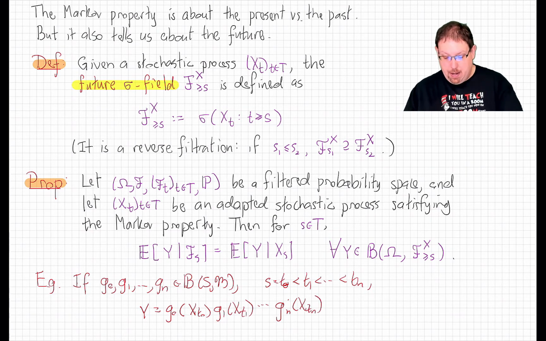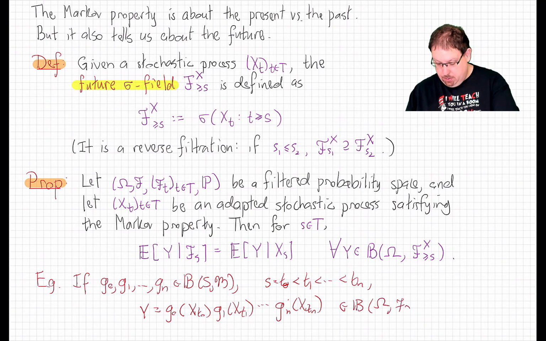So since those are all bounded functions, this will be a bounded function. And since each one of them is measurable with respect to one of these sigma fields for a fixed t, where all the t's are bigger than or equal to s, this is a bounded measurable random variable with respect to the future sigma field, the future of s.